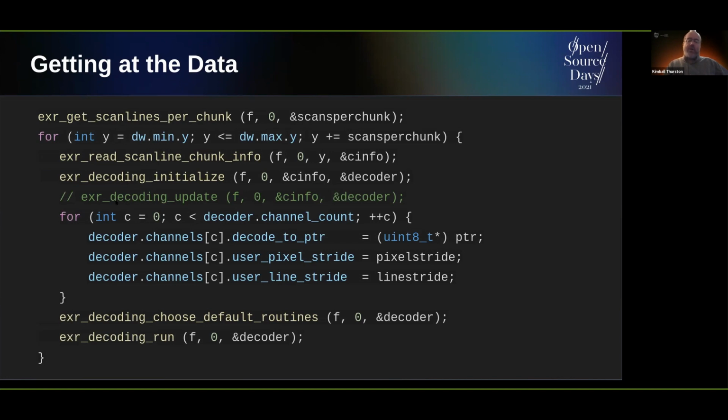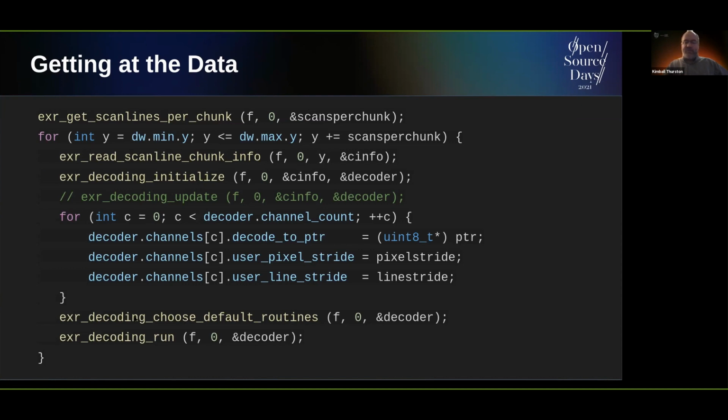But one thing you can do is the first time you set up the decoder, you can initialize that, and then the subsequent ones you can just update. And that's sort of a lighter weight. It doesn't reallocate a channel structure or anything like that. And so you can just very quickly update based on the new scan line that you're going to be reading.